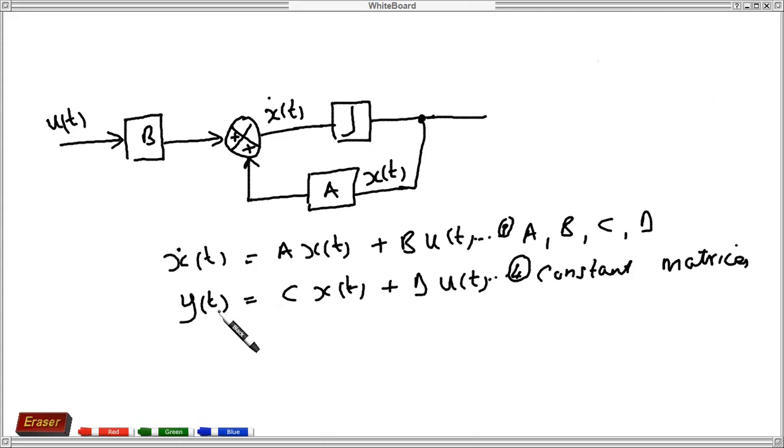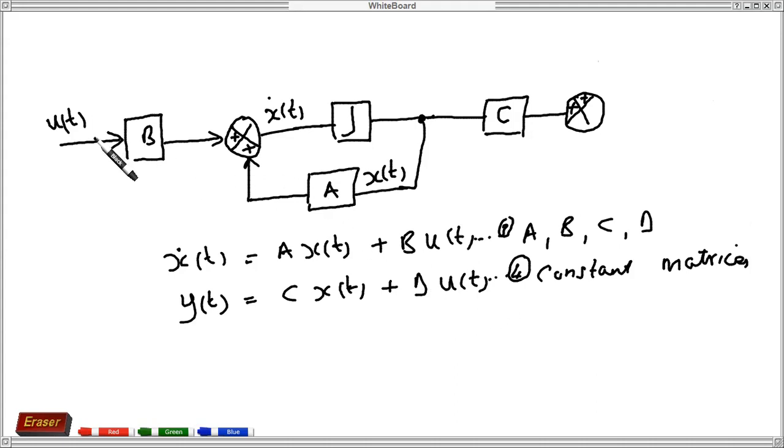Then the output equation: y of t is C x of t plus D u of t. At this point, we have our x of t. We pass it through a block whose content is the matrix C. After that, we have another summing point, to which we add the contents of C x of t and D u of t.